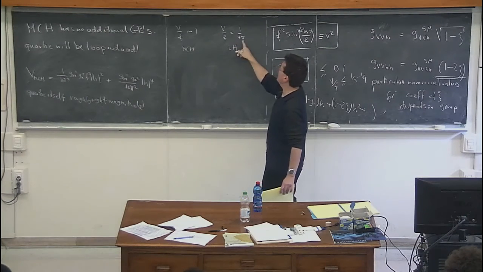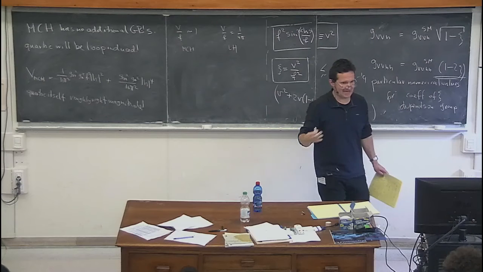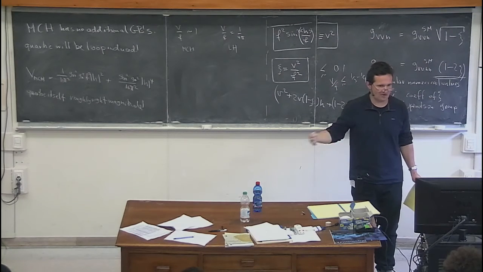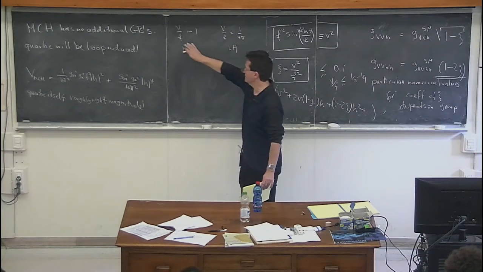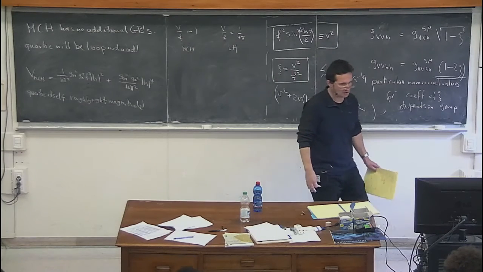So that was what I called completely natural electroweak symmetry breaking, but it required a relatively heavy Higgs. Now I don't have a relatively heavy Higgs, but now the Higgs potential is not completely natural.